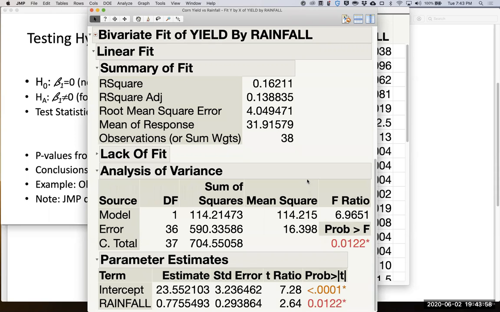Notice that the intercept is labeled as such. It's 23.55 bushels. If there's no rainfall at all, you get 23.55 bushels of corn. But for each inch of rainfall, you go up 0.7755 bushels. One inch of rainfall buys you an extra 3/4 of a bushel of corn.